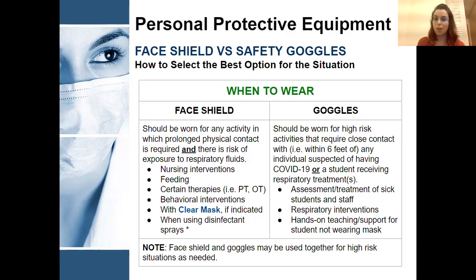Goggles should be worn for high-risk activities that require close contact, again, within that 6 feet radius, of any individual suspected of having COVID-19 or a student receiving respiratory treatments.